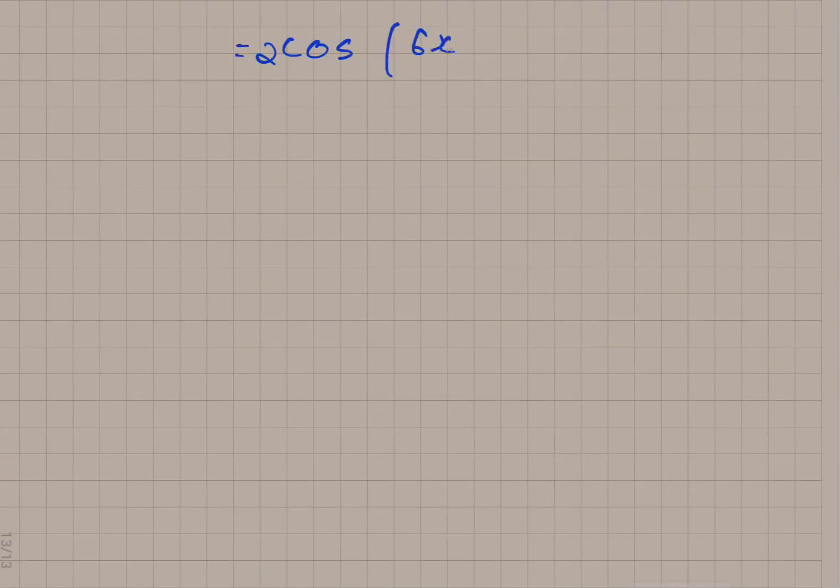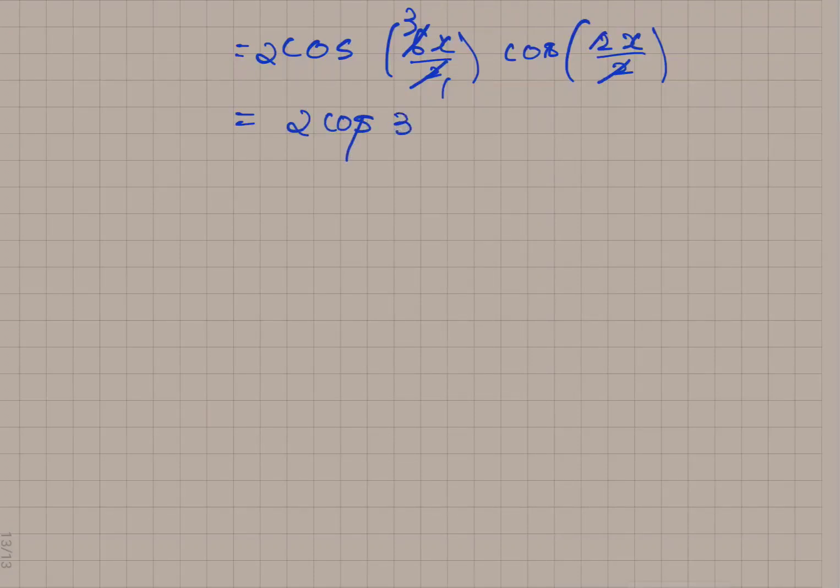Simplifying this, we get 2 cos 6x upon 2 into cos 2x upon 2. Now 2 1s are 2, 2 3s are 6, and this gets cancelled. We get 2 cos 3x into cos x.